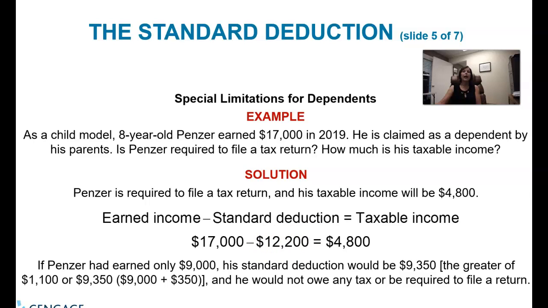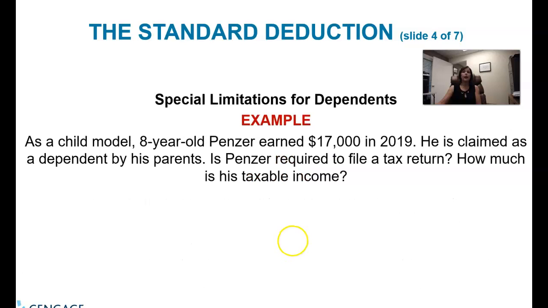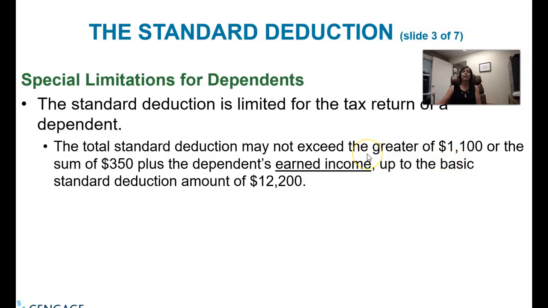Well, that's the most he can take. So remember, the standard deduction is the greater of 1,100 or 350 plus the dependent's earned income. Penzer's earned income was 17,000.